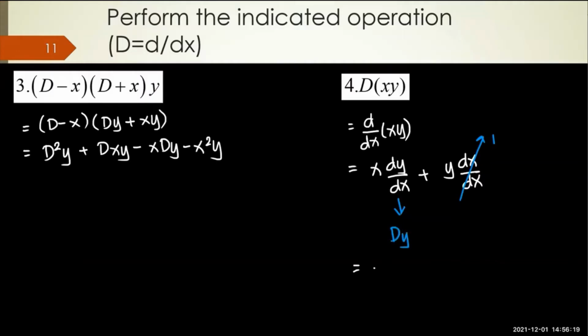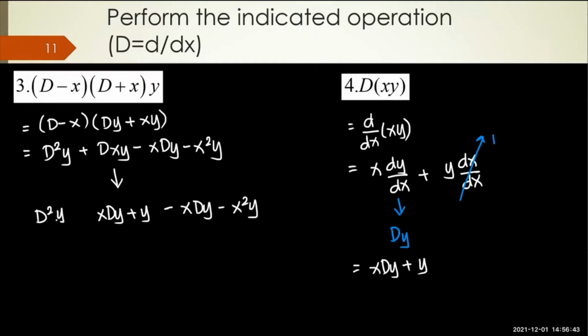So here I can say x D y plus y is actually your D of xy, meaning this one is x D y plus y minus, so this one could then be written like this.